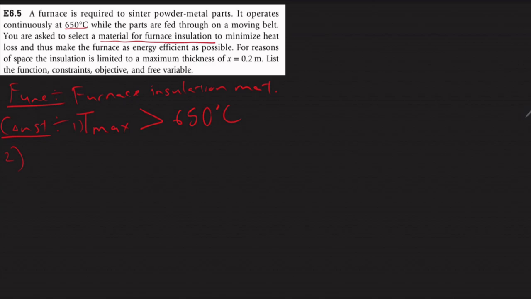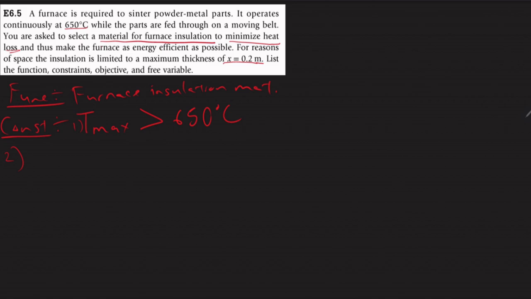Let us read the question and see if we have more constraints in this particular question. You are asked to select a material for furnace insulation to minimize heat loss. So if you look here, we have already encountered the objective: minimize heat loss, and make sure that the furnace energy is sufficient. Then for reasons of space, the insulation is limited to a maximum thickness of 0.2 meters.